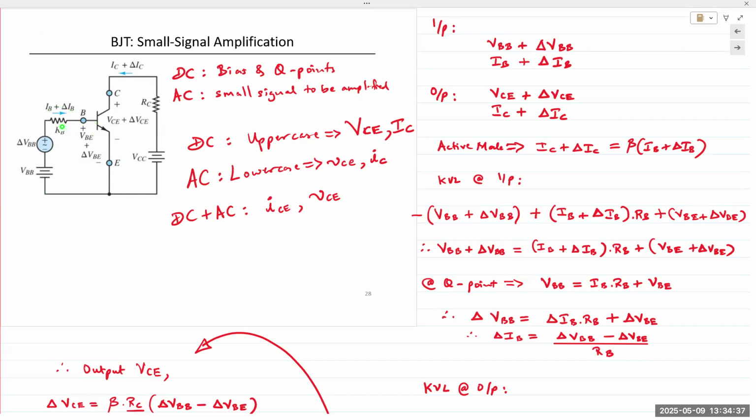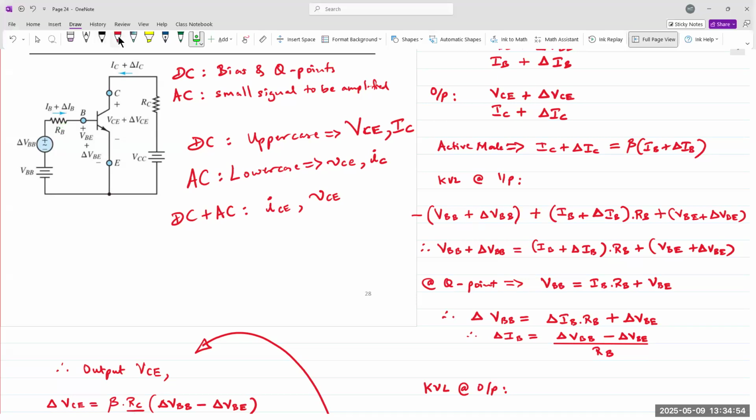But now we are also applying or sending an AC input, right? That's a signal that we wish to amplify. So on the input side, the total voltage being applied is VBB plus delta VBB.